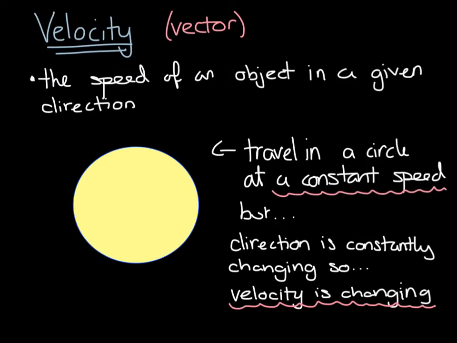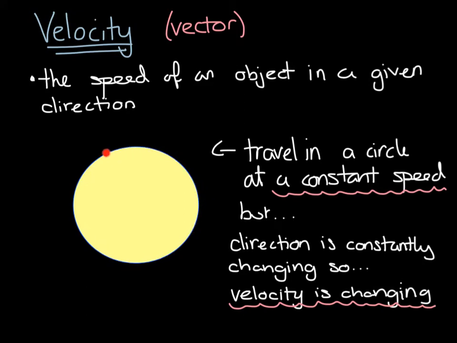Next we're going to talk about velocity. Velocity is a vector quantity that is measured in metres per second, so it's the speed of an object in a given direction. Now what this means is that we can have a situation where if we think about an object travelling in a circle, this object could be travelling at a constant speed of, let's say, 3 metres per second, but because its direction as it travels around the circle is constantly changing, that means its velocity is changing.